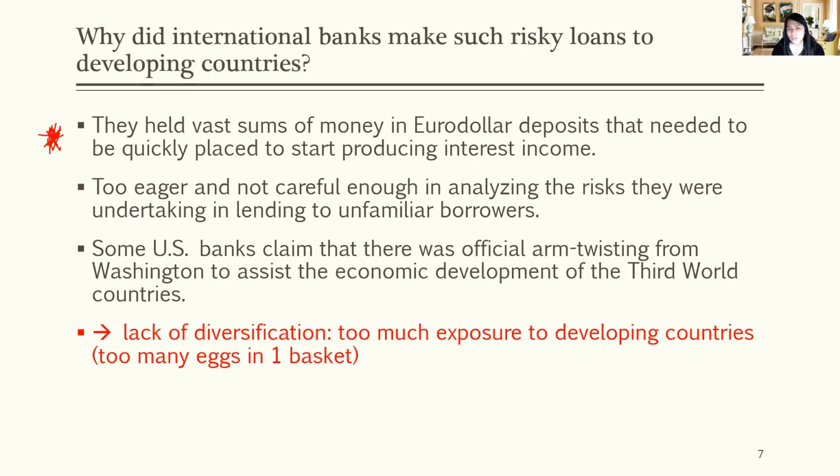Okay. So in the bank's case, because they were facing a lot of liquidity pressure, they started to lend without taking too much caution. Okay. And as a result, they overlent to risky borrowers, if you like.